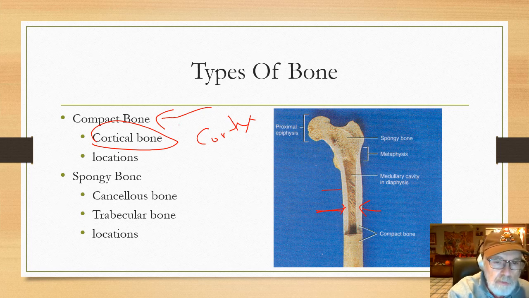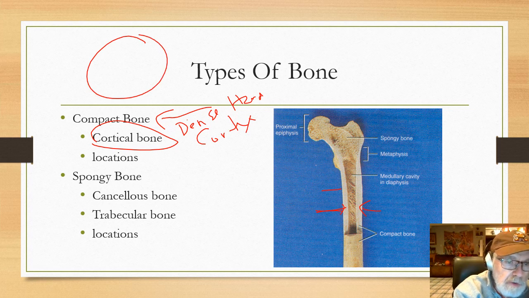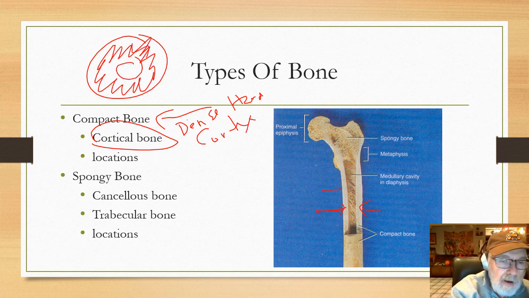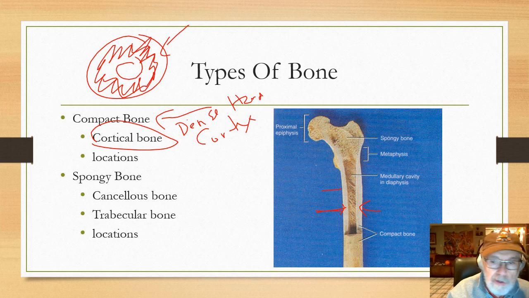Sometimes you'll see it called cortical bone, sometimes dense bone, and sometimes hard bone. If you looked at a soup bone, around the outside, this area right here looks very hard, very firm, and that would be that area of cortical, compact, dense, hard bone. What we usually find it in certain areas. This area right here is called the shaft.